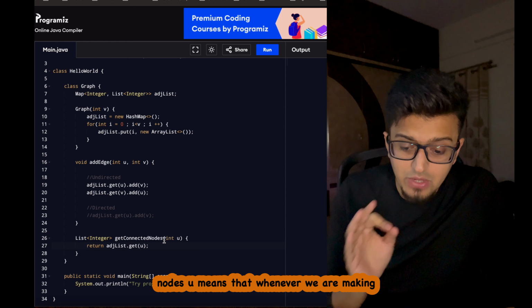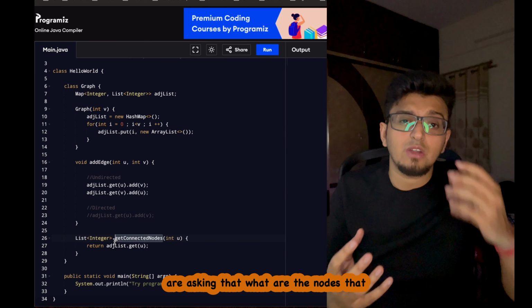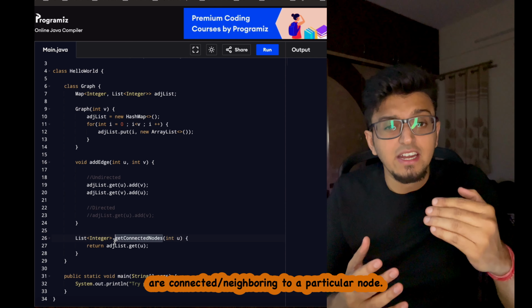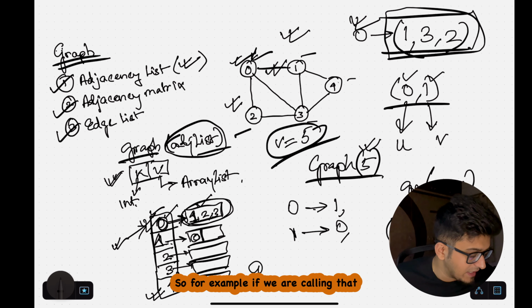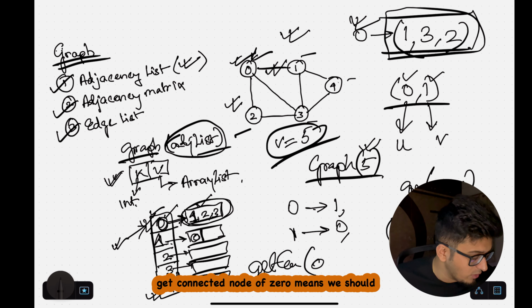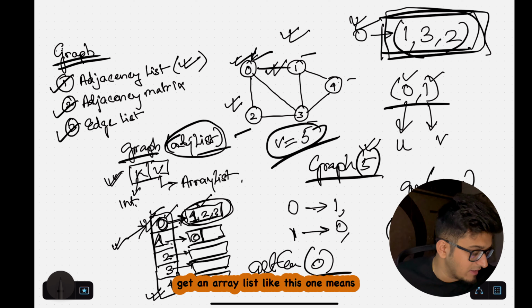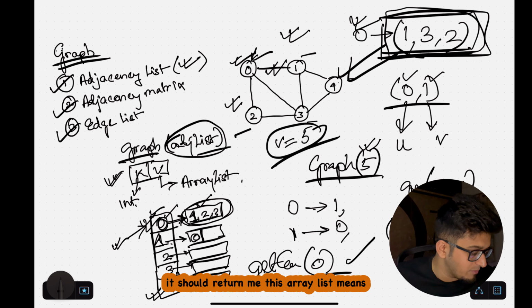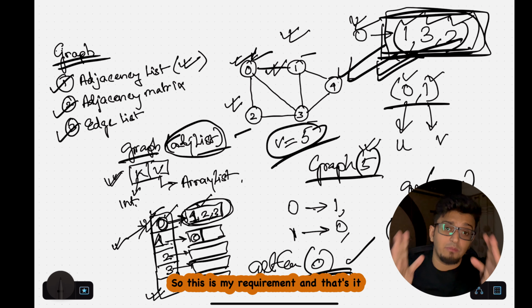Means whenever we make a call to get connected nodes, we are asking what are the nodes that are connected to a particular node. So for example, if we call get connected nodes of 0, we should get an array list like this one. Means node 1, 2 and 3 are connected to node 0. So this is my requirement.